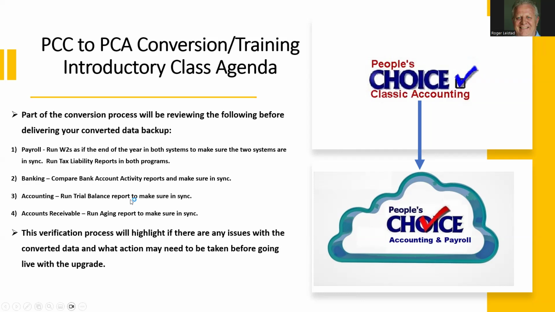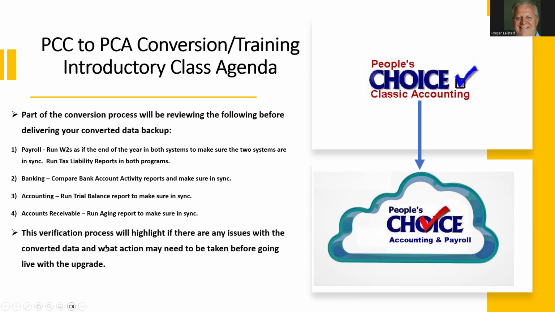If you're using the accounting module, and many of you aren't, but if you are using it, we'll run the trial balance to make sure that's in sync. And again, if you are using the receivable, the main thing we'll want to look at is that the aging is correct. So this verification process should highlight any issues.